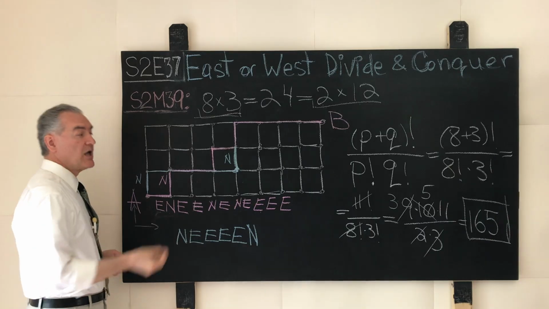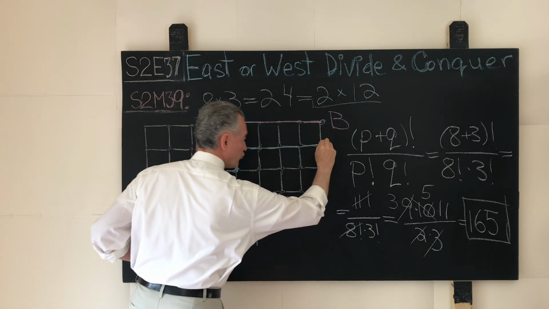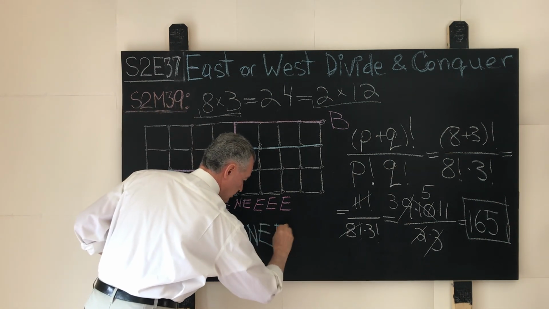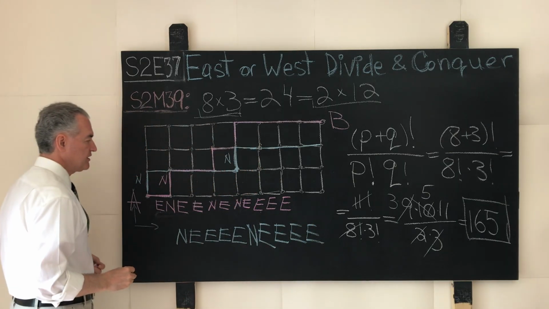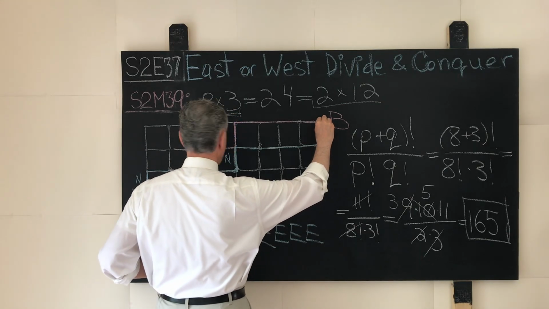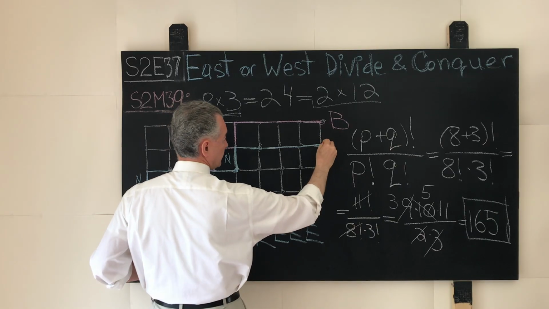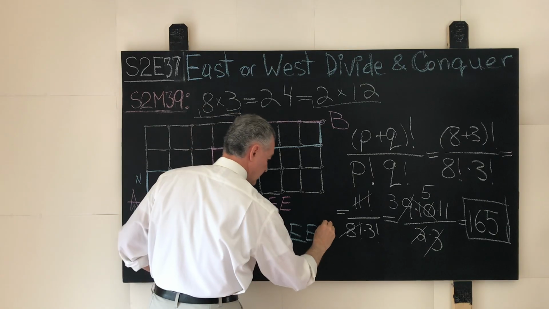And then 1, 2, 3, 4 steps east, and voila, we'll close our path like so. Let's see which way, this way. Technically, if we want to get here, this will be another 1, 2, 3 steps north.